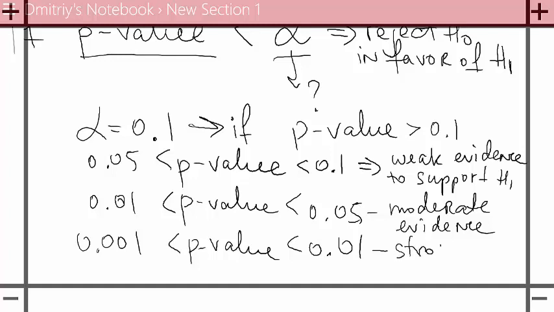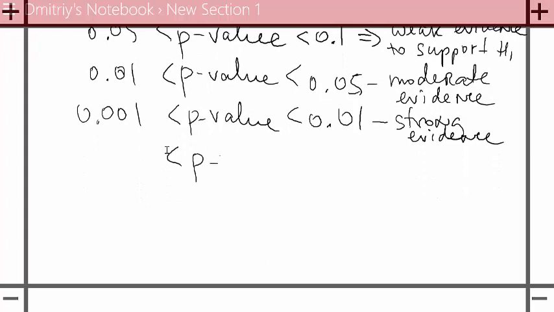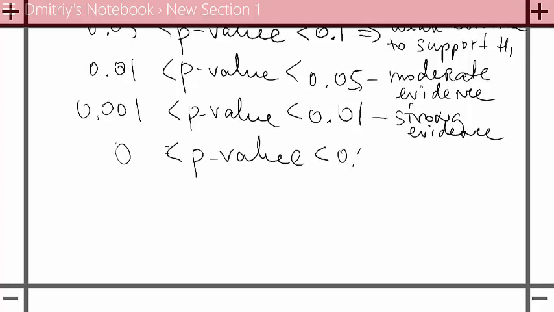Strong evidence to support your alternative. And the last one, if the p-value is so small that it's anywhere between 0 and 1/10 of a percent, we call it, can you guess? Not strong, but super strong, very strong evidence, right? Very strong.